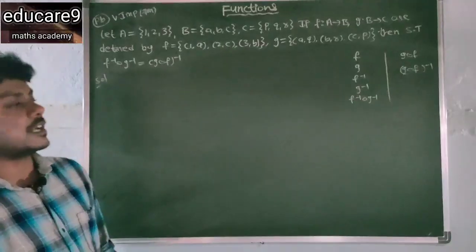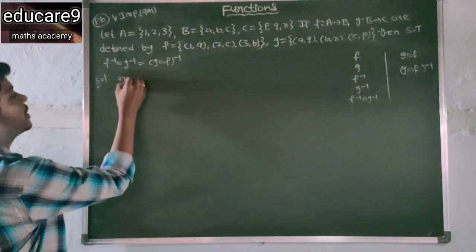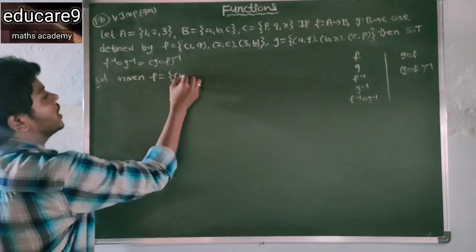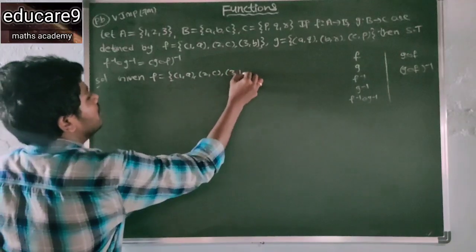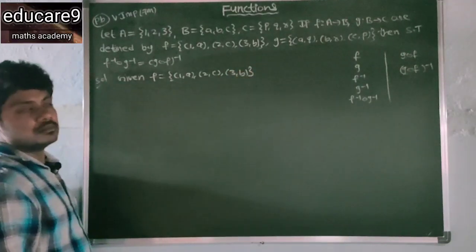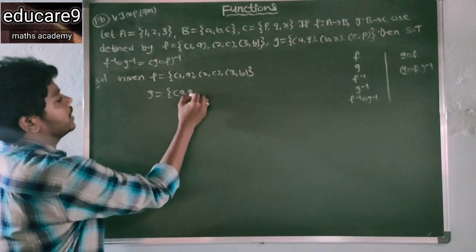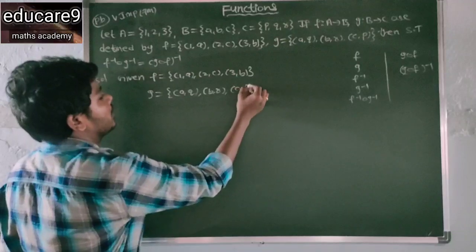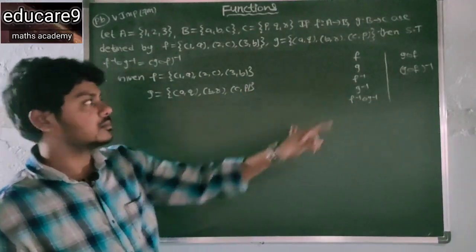Okay. So first write F and G. So given, F is (1, A), (2, C), (3, B), and G is (A, Q), (B, R), (C, P). So next write the F inverse function.